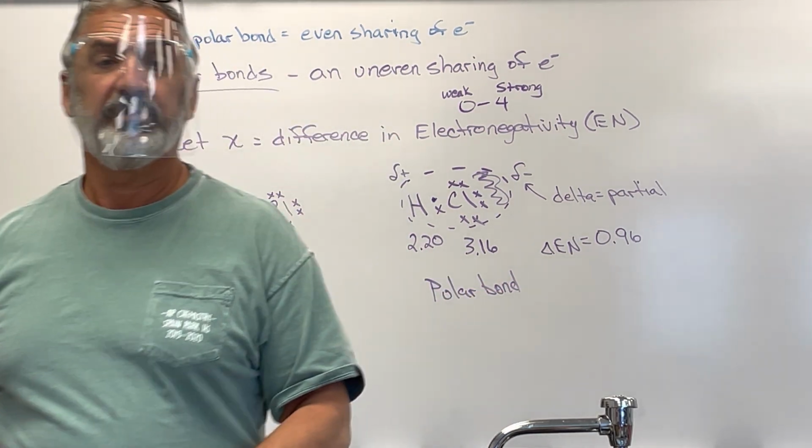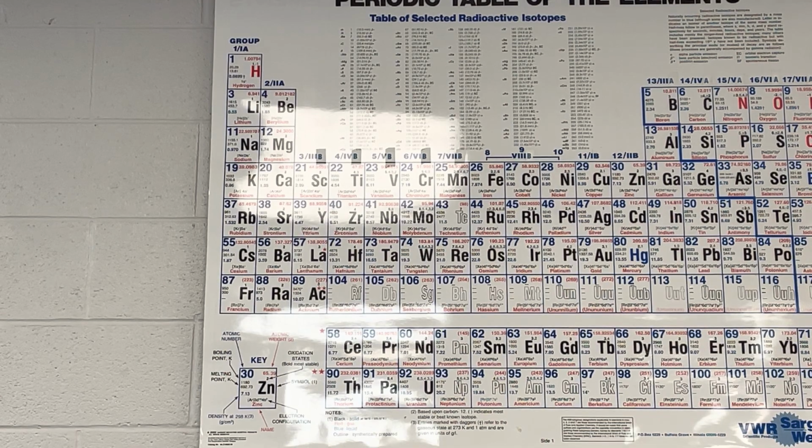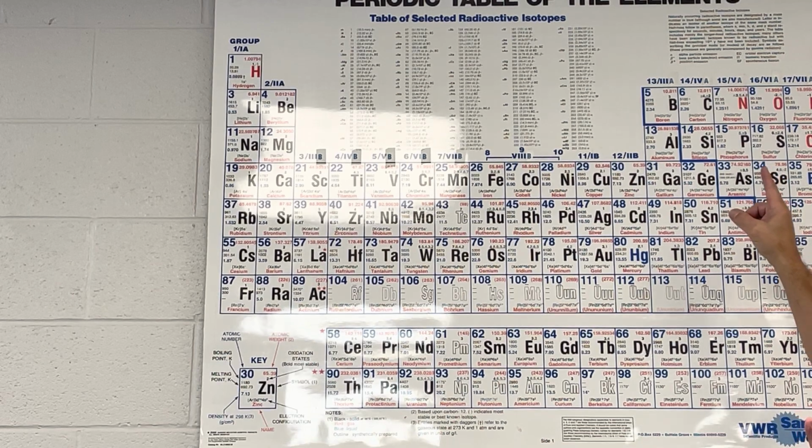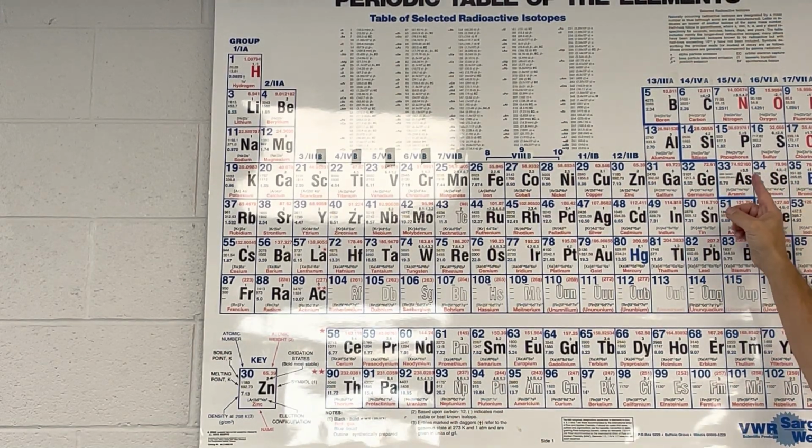Now, when we look up here at the periodic table, where are my most highly electronegative elements? Top right. Fluorine's the most highly electronegative. It's 3.98 or 4. Oxygen is 3.44.